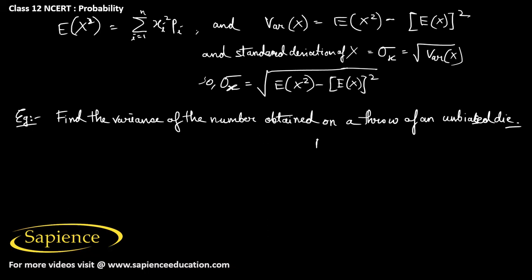So in one throw of a die, as we know, the numbers that can be obtained are 1, 2, 3, 4, 5, and 6.